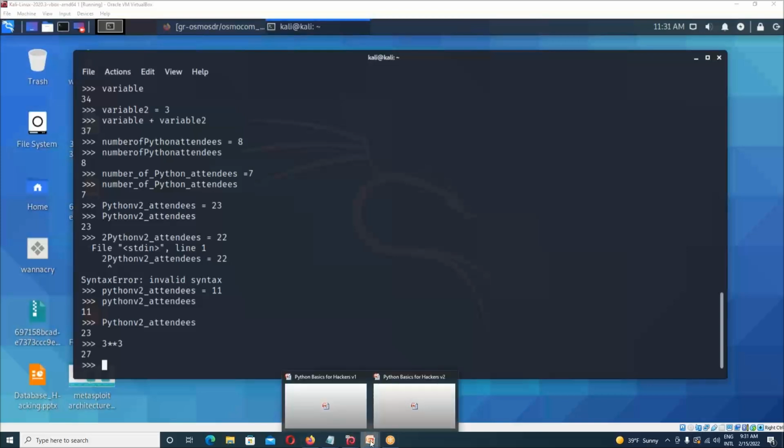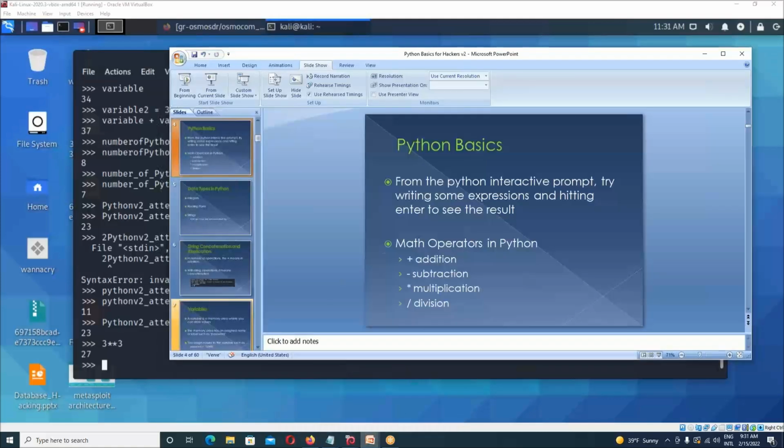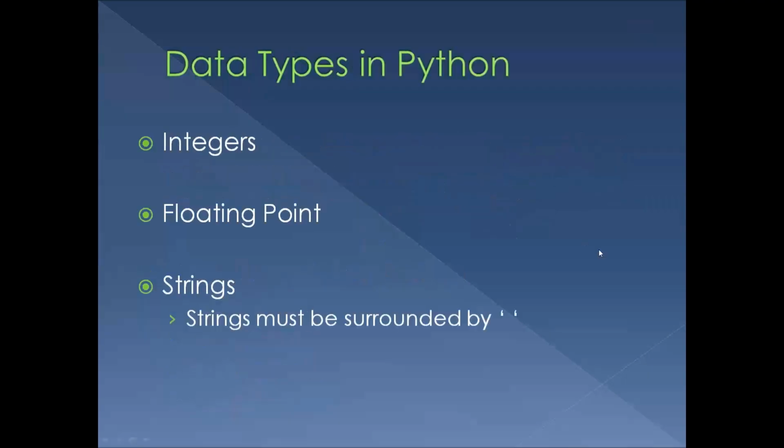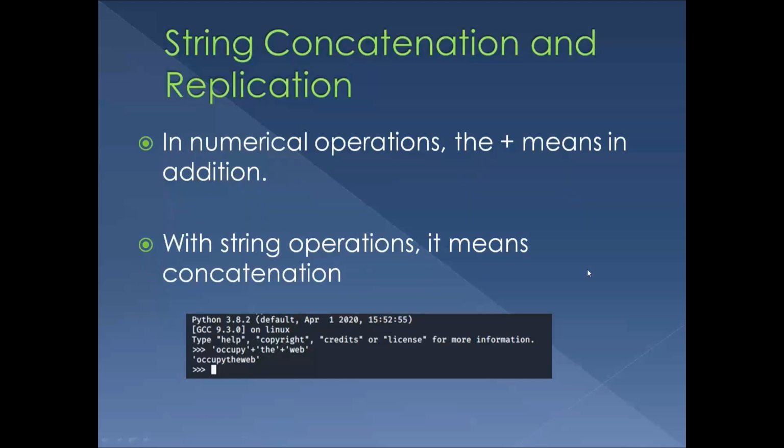All right, back to our presentation. So we looked at modulus and then we looked at exponents. Data types, we talked about those: integers, floating point, strings. Strings must be surrounded by quotation marks. String concatenation, we did that.